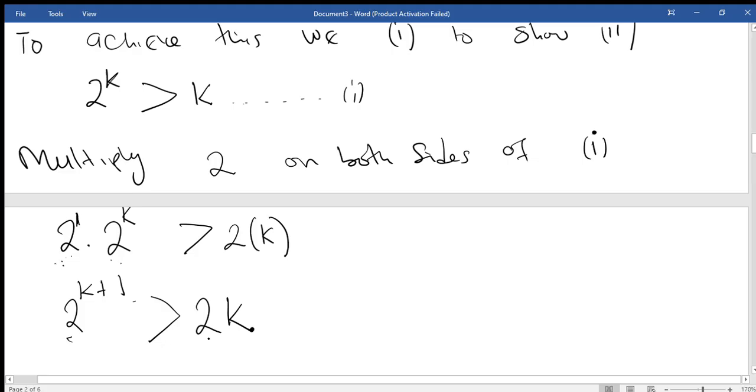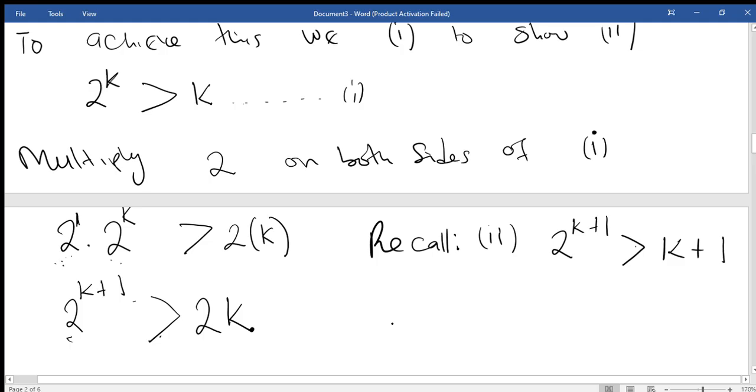So what do we have here? I want you to recall that equation 2 is 2 power k plus 1 greater than k plus 1. This is the comparison we are going to make. Equation 1 has led to 2 power k plus 1 greater than 2k.